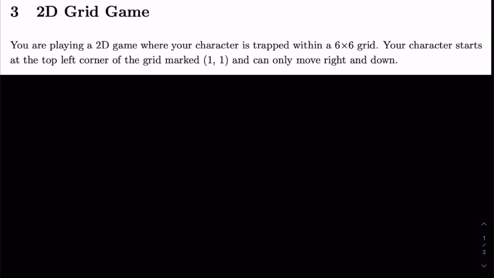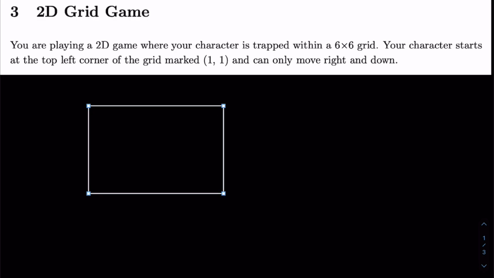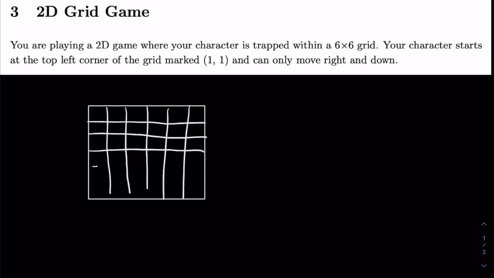Let's illustrate the problem. So we have our grid, which in this case is a square, and 1, 2, 3, 4, 5, 1, 2, 3, 4. This is our 6x6 grid.